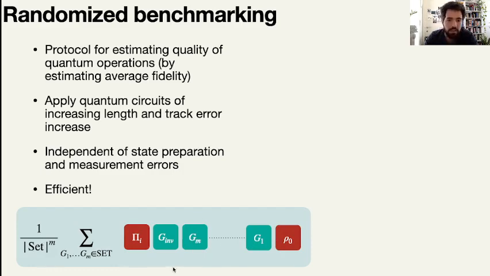Then you compute, and this is already putting some structural constraints on your set, a global inverse for this G1 times Gm, and you apply this as well. So if you've done everything perfectly, you're applying the identity. And then you measure in some POVM, usually a two-component POVM, but it could be more general.